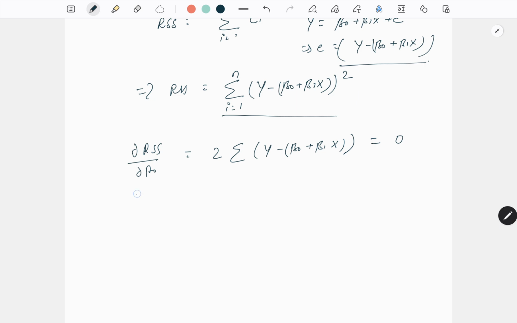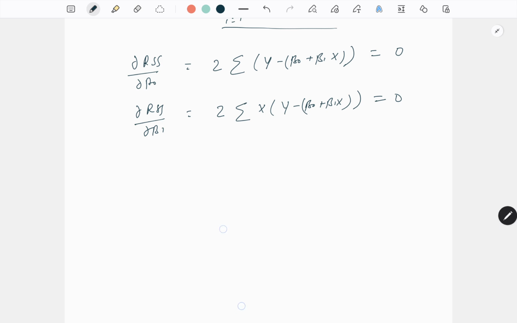Similarly, the derivative with respect to beta 1 is 2 times the summation of x into (y minus (beta naught plus beta 1 x)), and when we equate this to 0, we minimize the cost function with respect to beta 1.